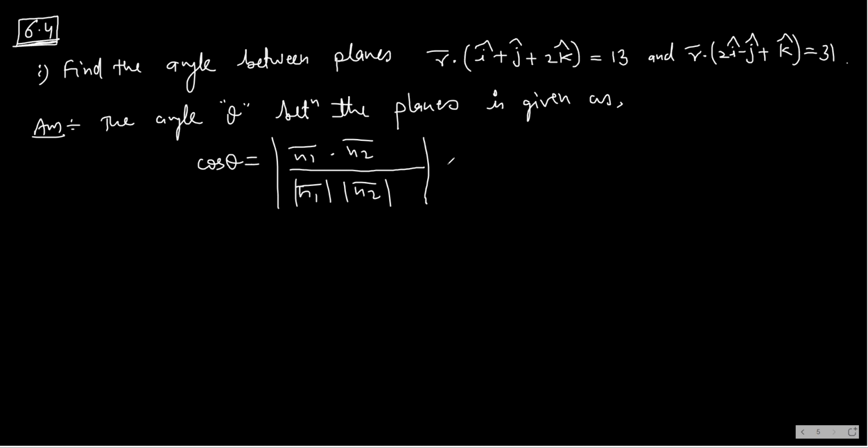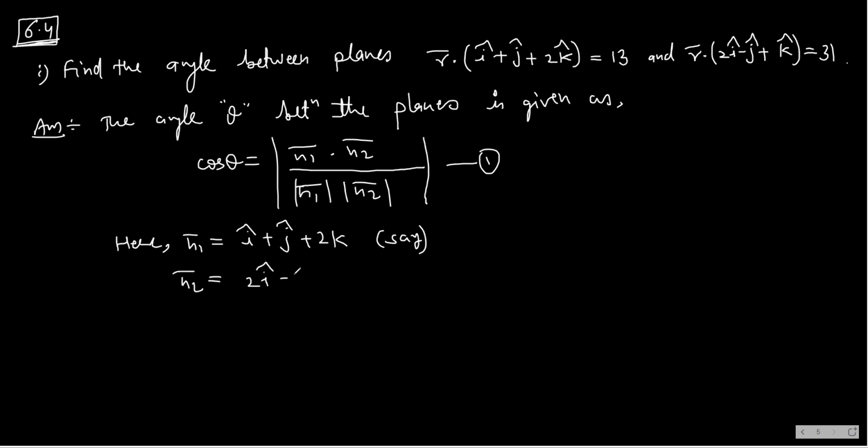Okay, I write here: N1 bar is I cap plus J cap plus 2K cap. Say, we are assuming N2 bar is 2I cap minus J cap plus K cap. Again, this is our assumption.